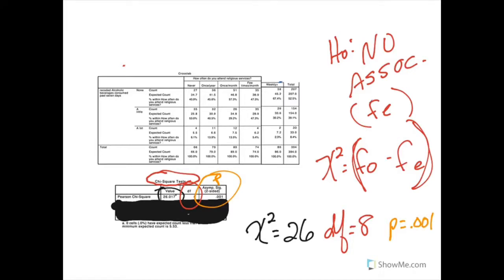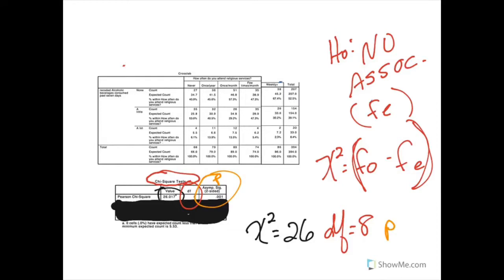Now, sometimes when you get output, it'll say 0.000. It's not a 0 probability. The computer only goes to 3 digits, so it's 0.000 something. You just don't know what it is. And you know what? It's not important. In fact, I don't even like it when people report the exact p-value, because all we really need to know is p less than alpha.